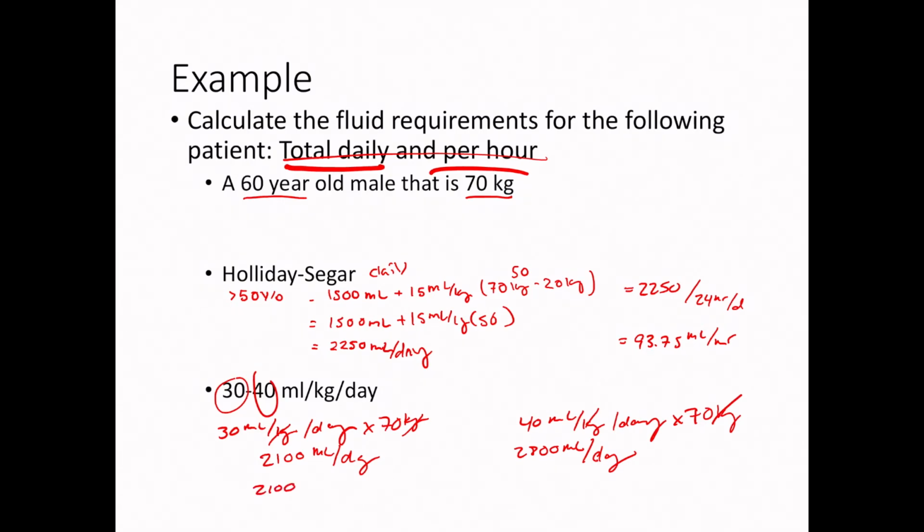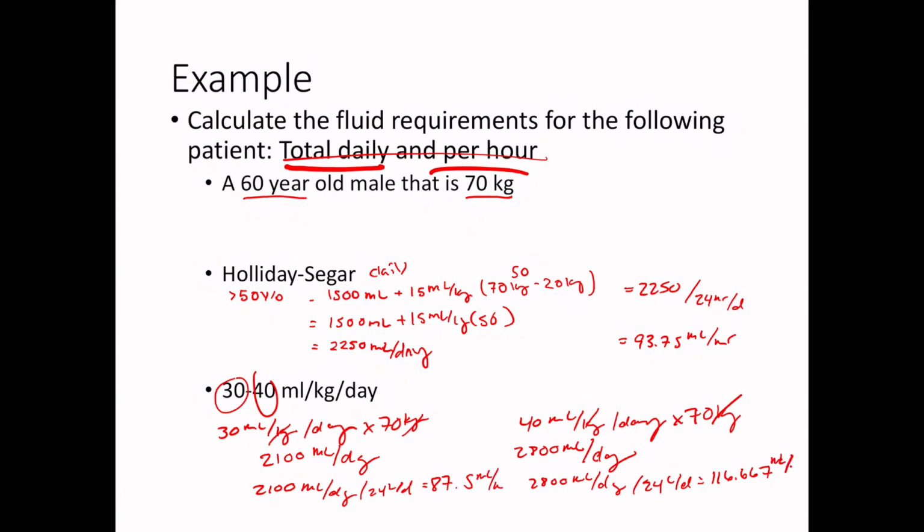So 2,100 milliliters per day divided by 24 hours in a day. That should give me 87.5 versus 2,800 milliliters per day divided by 24 hours per day. If you calculate that, that should give you right at 116.667. And both of these are milliliters per hour.